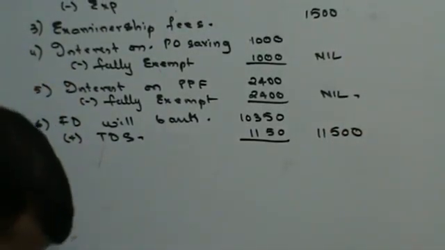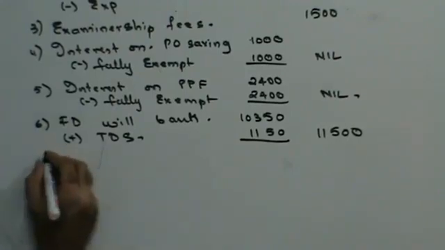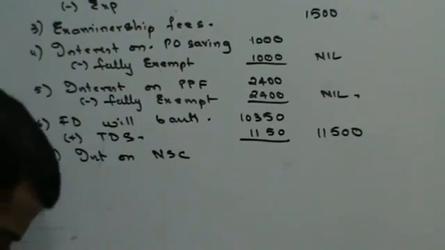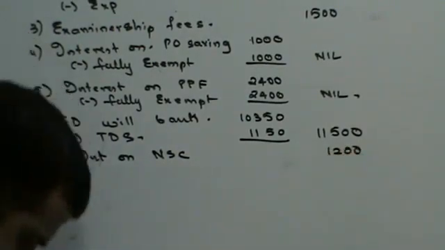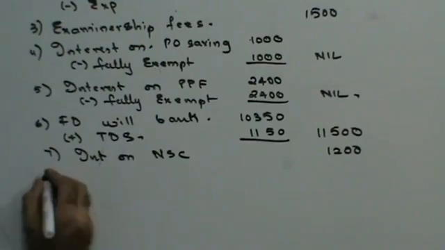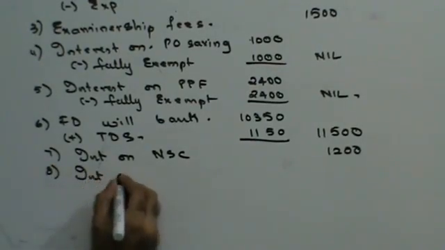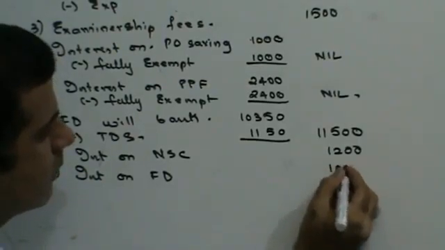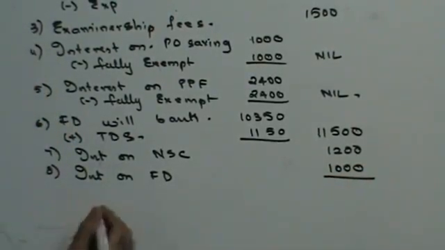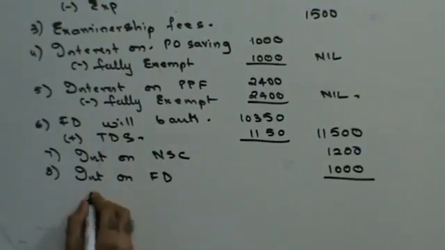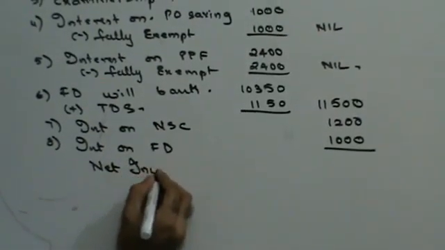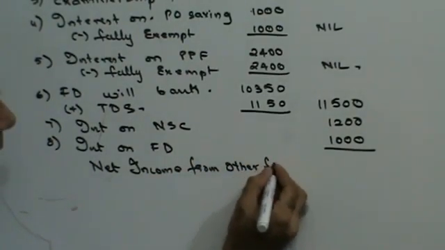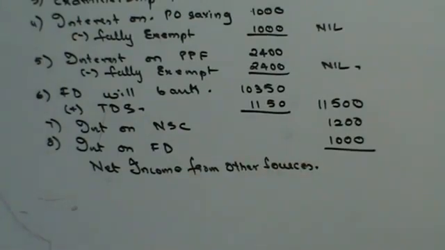Next, interest on NSC is 1200. Next, interest on fixed deposit is 1000. So this will give you your net income from other sources. Please add all this.